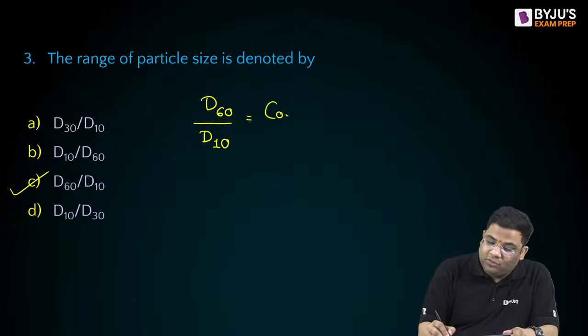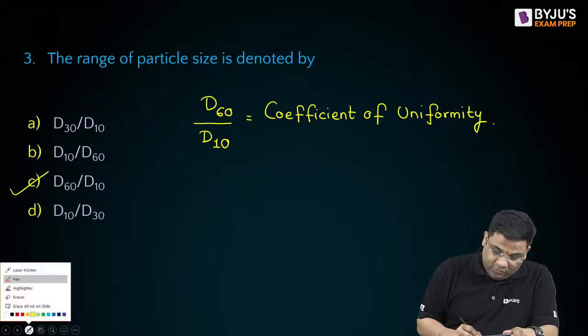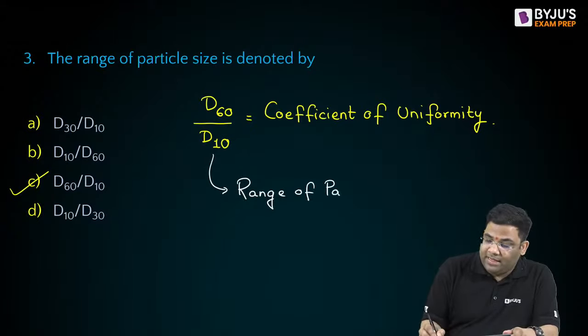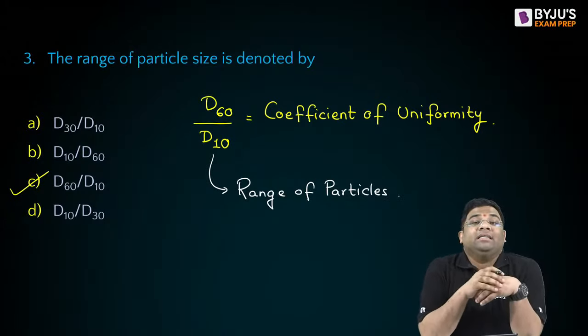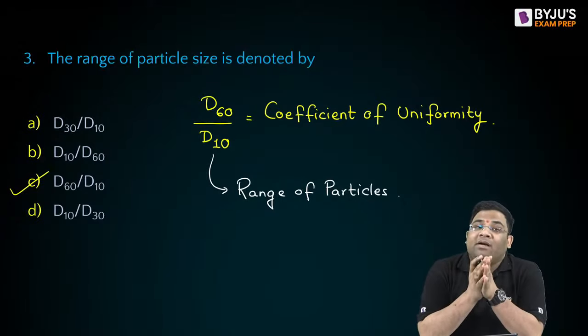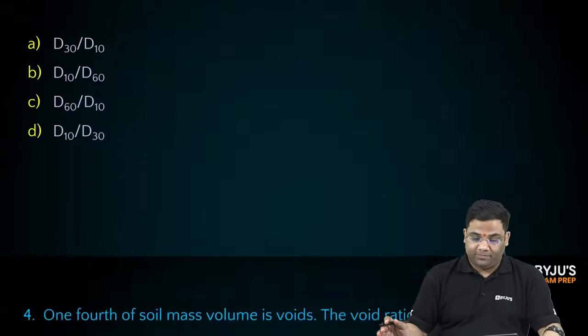The other name to this is also coefficient of uniformity, right? And this is also equal to the range of particles. What was D60? D60 is the size such that 60% are finer than that. And D10 is the size such that 10% are finer than that. Let us solve the next question.